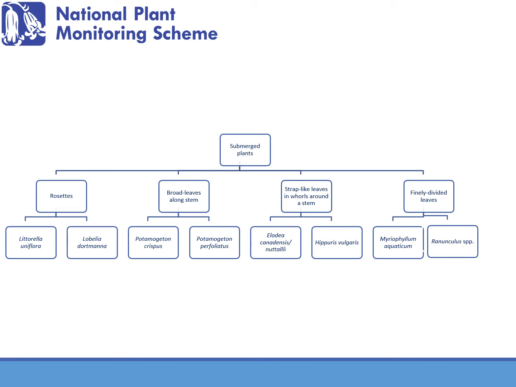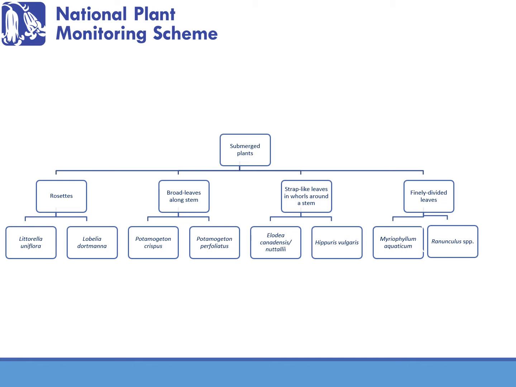So we've got one for submerged plants, there'll be one for floating and several for the emergent plants. And this will help you hopefully in identifying those species that you need to record during the survey. These keys have been drawn up specifically for the NPMS, so just be aware that there are other species that aren't identified here that you might possibly encounter during your survey.